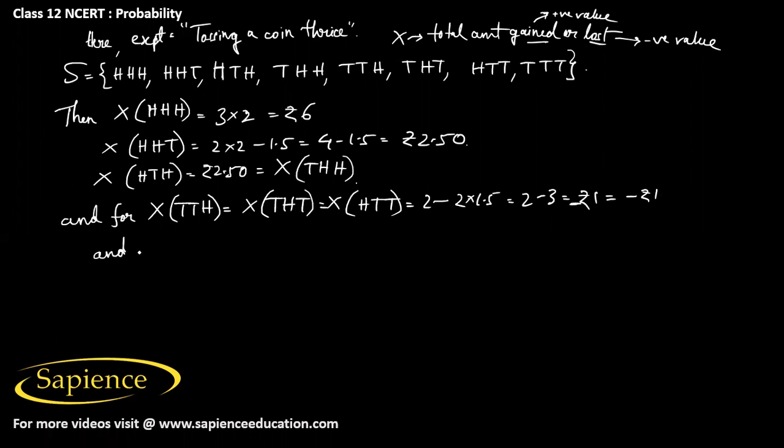And similarly x for tail, tail, tail, all three tails, would be 3 into minus 1.5, so that would be minus ₹4.50.